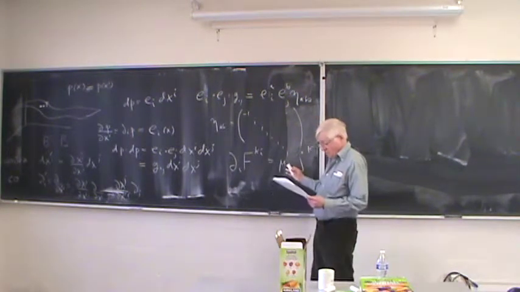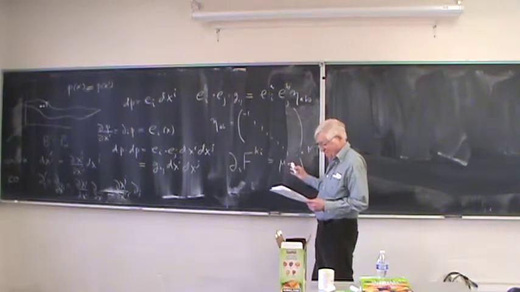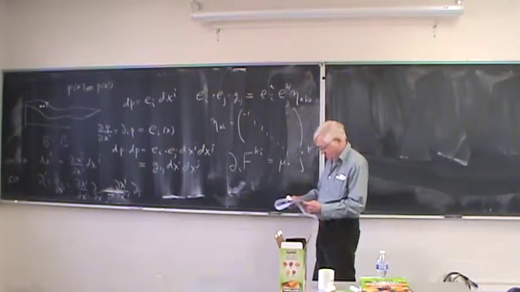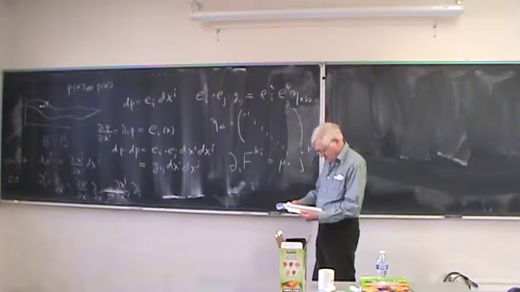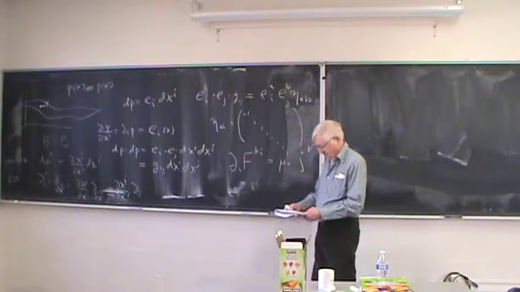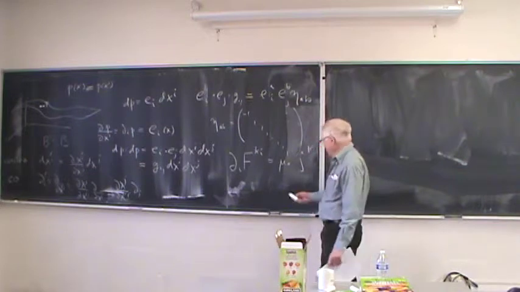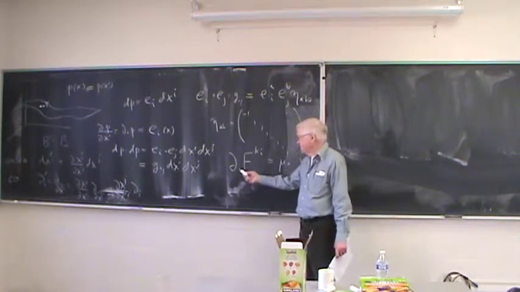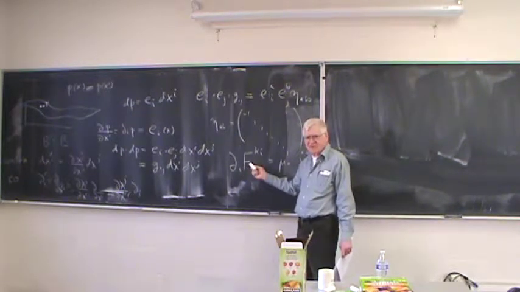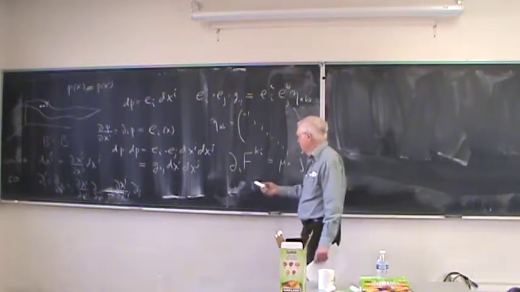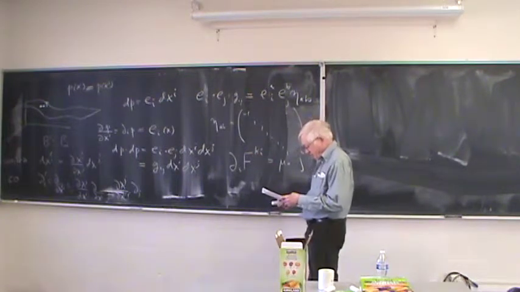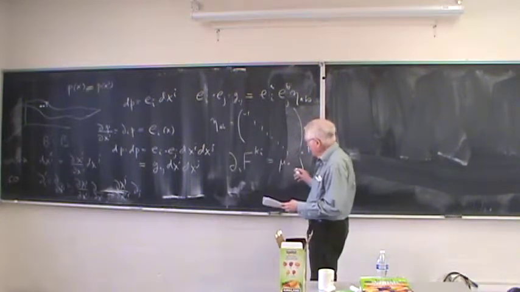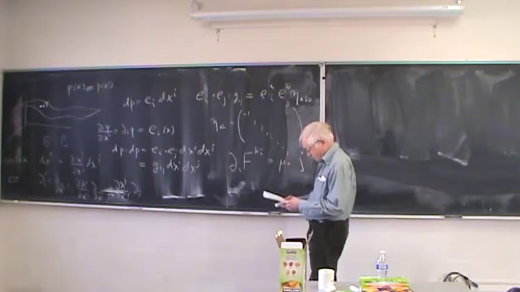Here mu0 is the magnetic constant. This is the current, and this is the divergence. This is basically F mu nu, which is E and B, and it's antisymmetric. So these are what are called the inhomogeneous Maxwell equations.